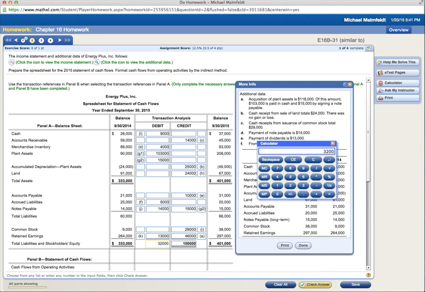Well, that's a credit balance. So we really want to add 100,000 to that, because if we added 100,000 credit, that would be making this number go up. So we'll add 100,000 to that. We'll subtract 32,000 for the debit side, and that gives us our ending balance of 401,000.